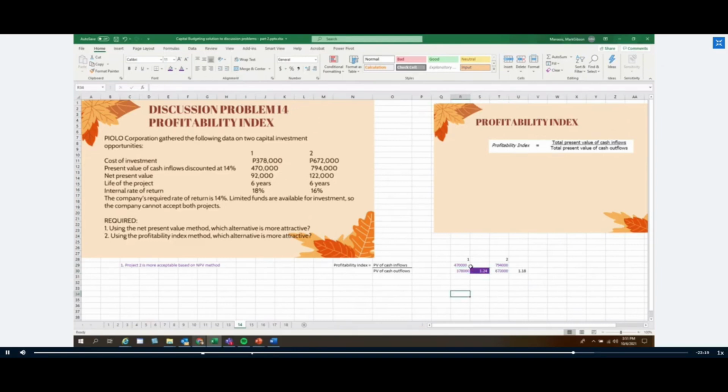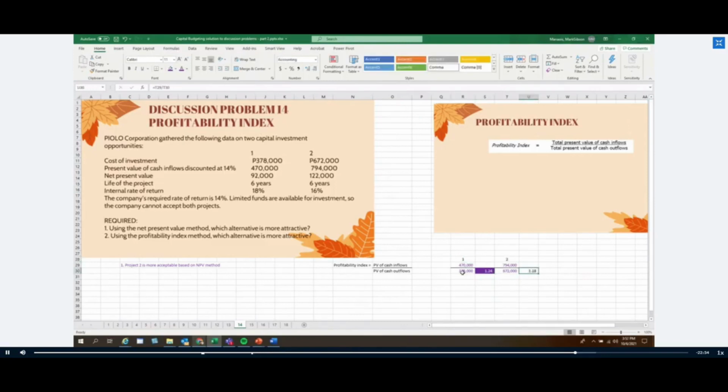And of course, kunin lang natin yung derive na natin yung formula. So that's 1.24 for project 1. Paano na-compute yun? 470,000 divided by 378 and then 794 divided by 672 for project 2 or 1.18.